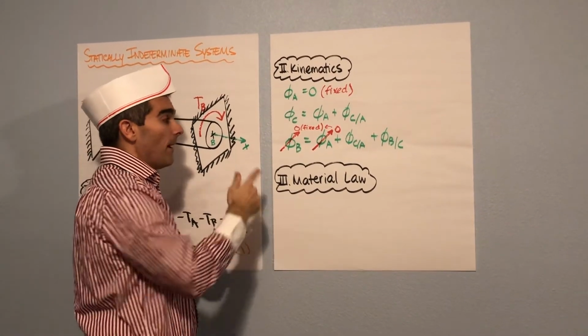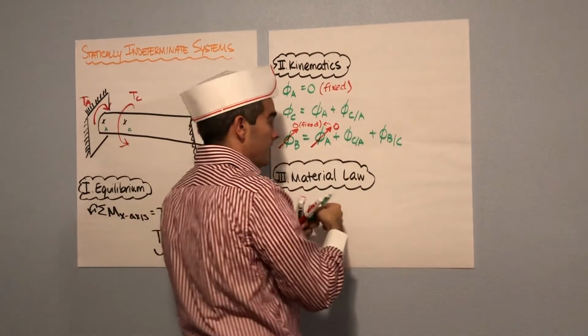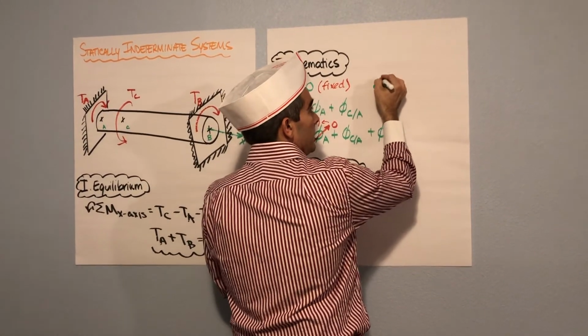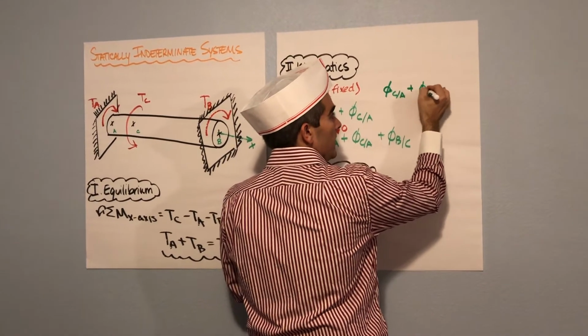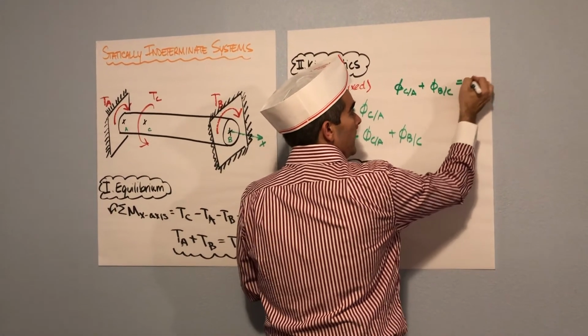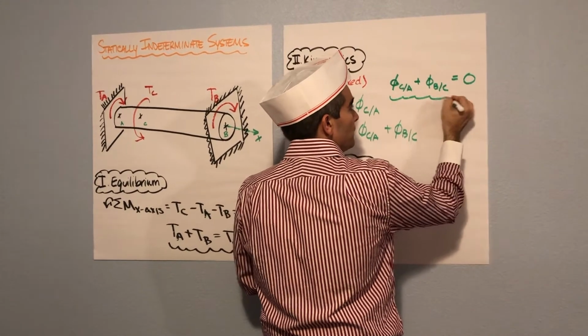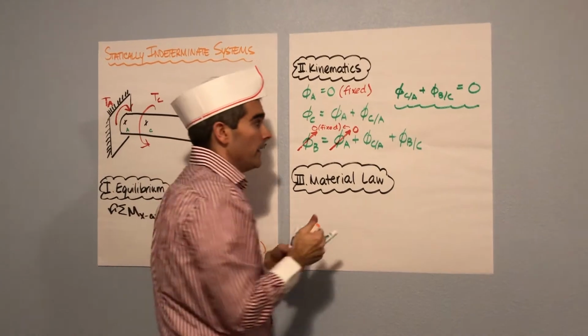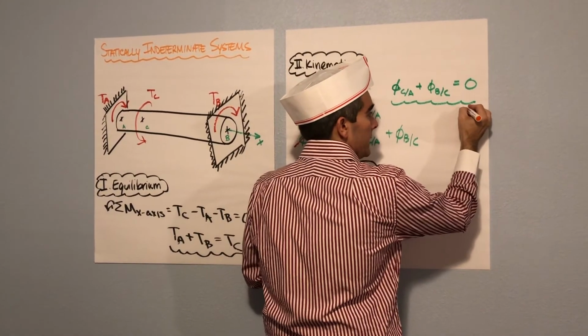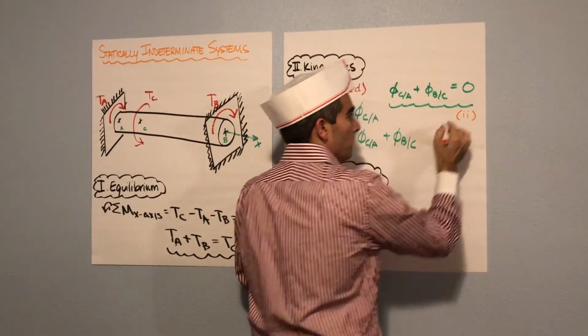So from our kinematics conditions, we can see that the rotation of C relative to A plus the rotation of B relative to C has to equal 0. This is our second equation, part of this kinematics condition.